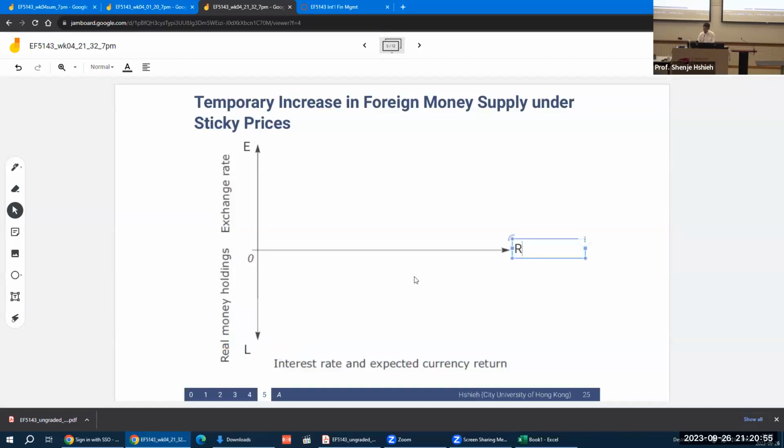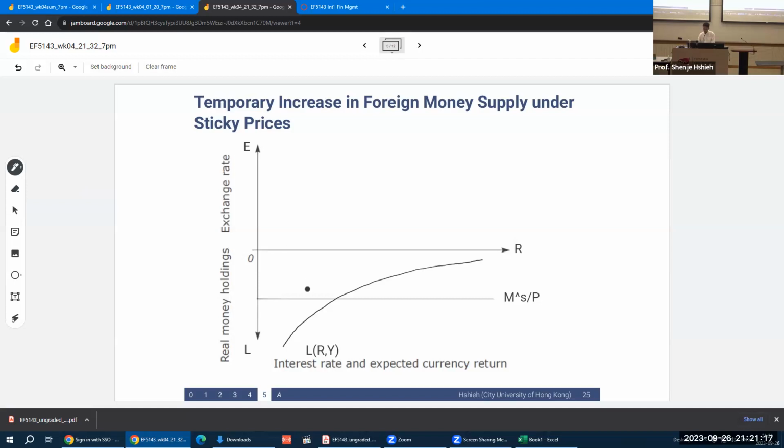And this is R. This is our preference line. This is our money supply, real money supply. And we have initial equilibrium here.